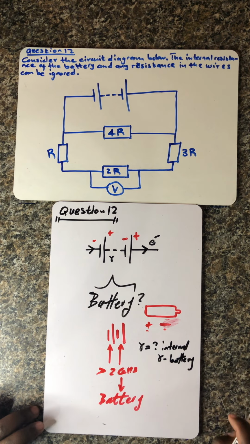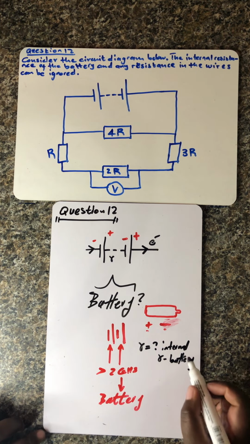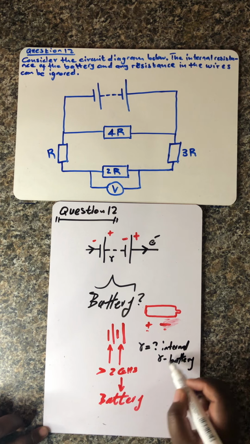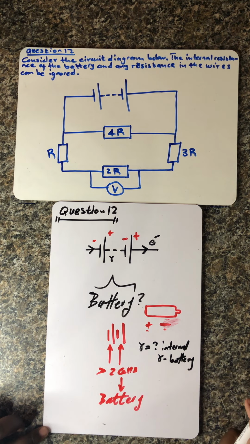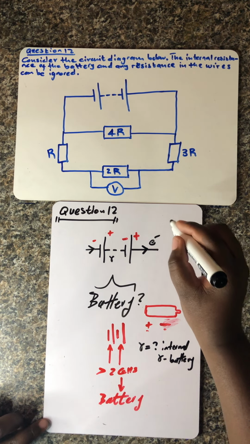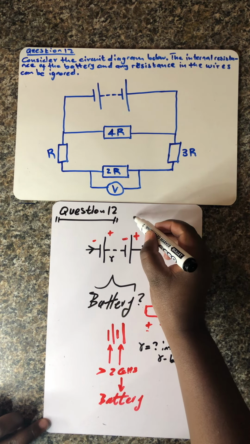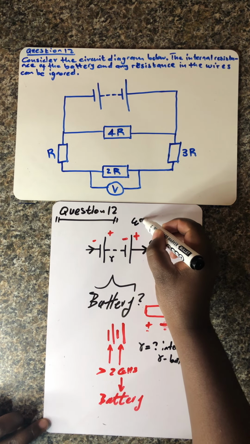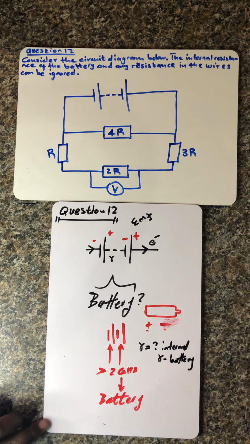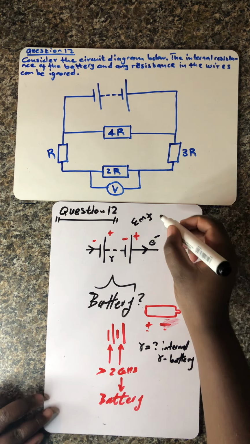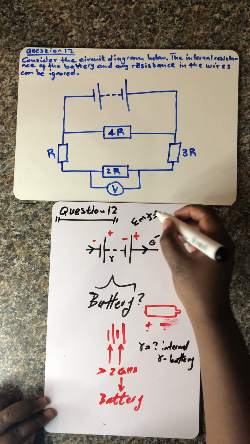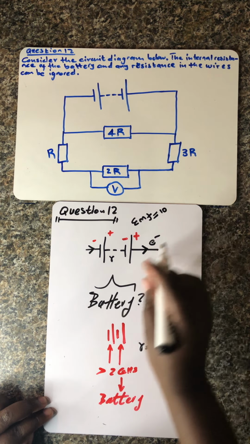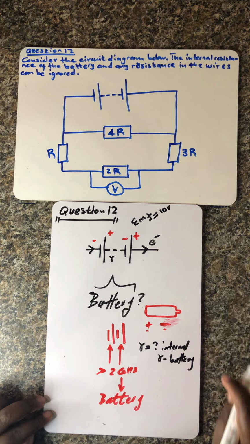If we've got something called the internal resistance of the battery, that means there's something called EMF. Let's say, as an example, the EMF of this battery is 10 volts.